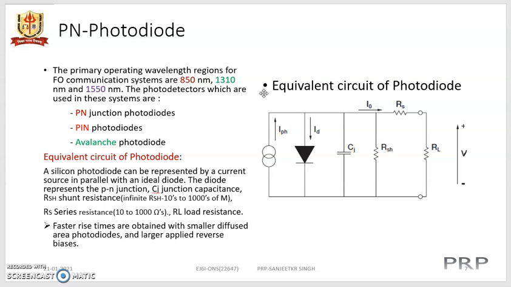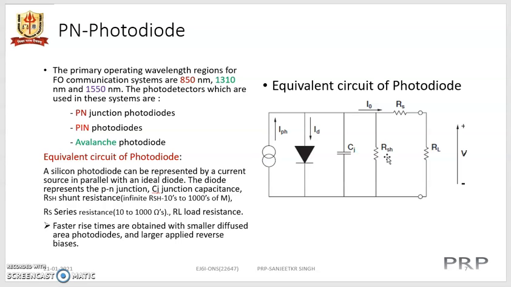A photodiode can be replaced by a current source in parallel with an ideal diode, and CJ. The diode represents the PN junction and CJ represents the junction capacitance.